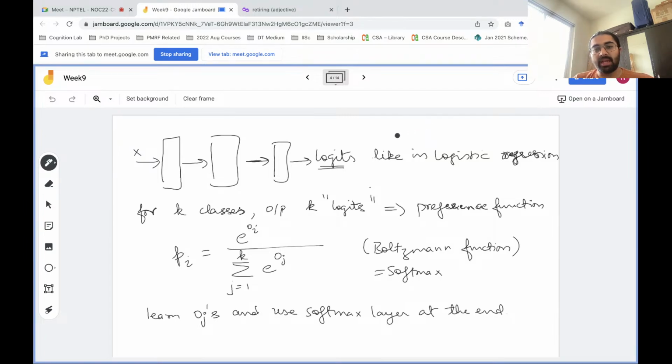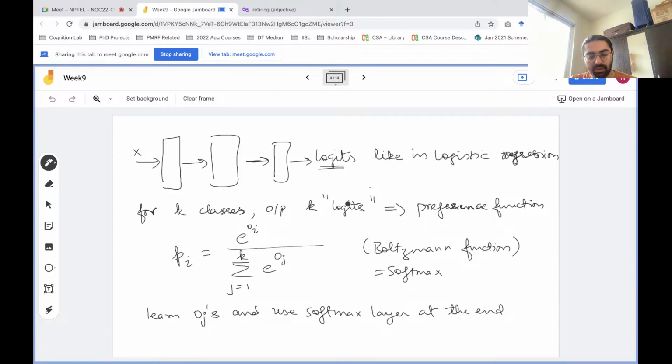For k classes, we output k logits, and logits tell you the preference function. Each value here talks about how much I prefer that particular class.